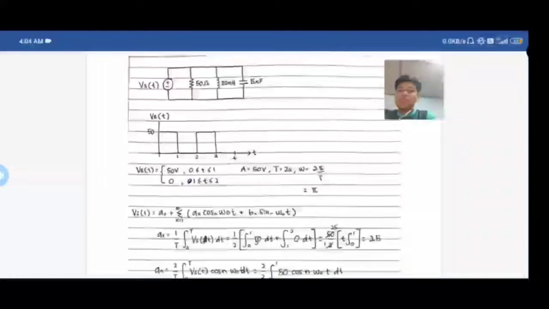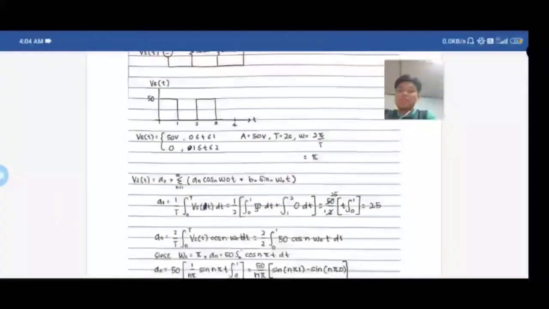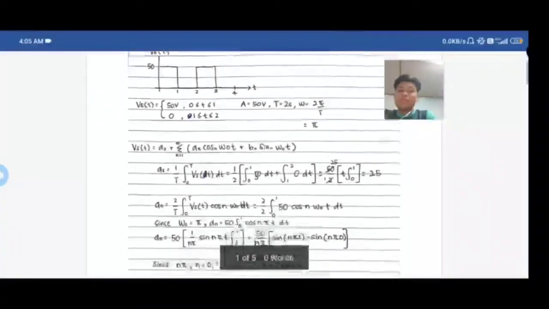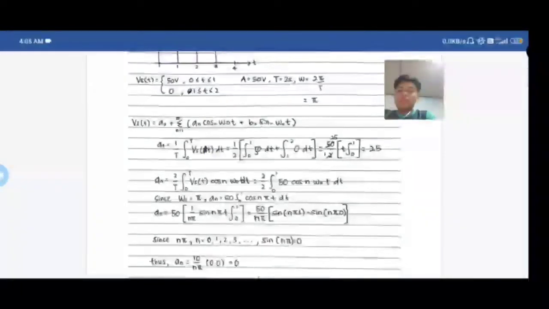So for the voltage across time, for the 50 volt, for the time between 0 and 1, A is equal to 50 volt, which is our DC source, the period T is 2 seconds, and omega is equal to 2 pi over T. So for the voltage, first A0 equal to sigma, n equal to 1 to infinity.